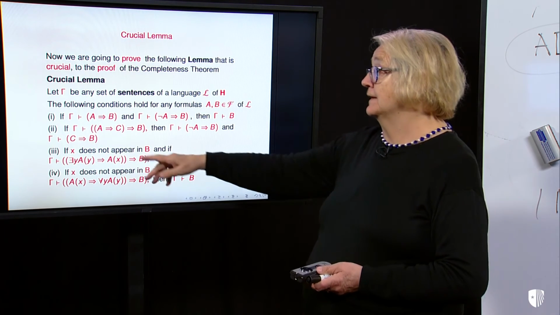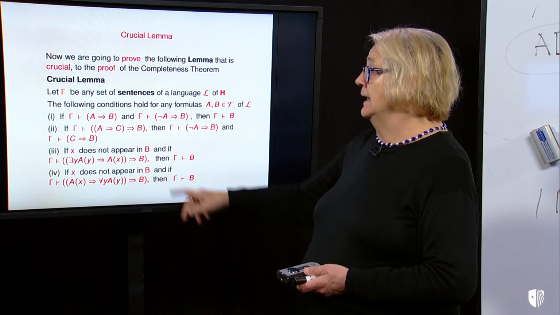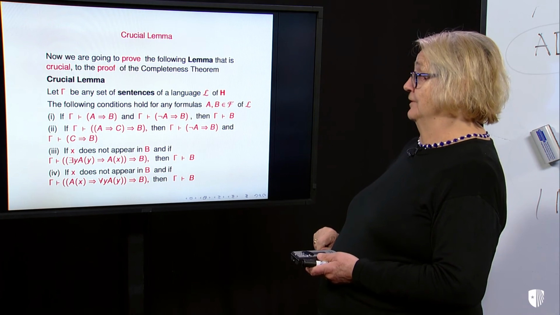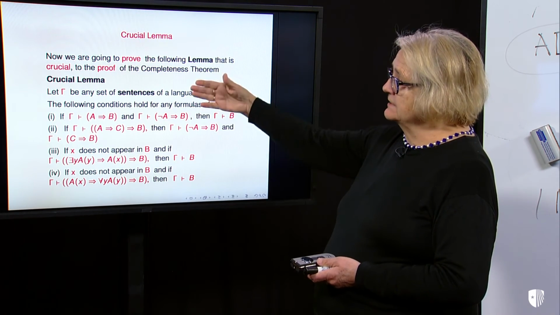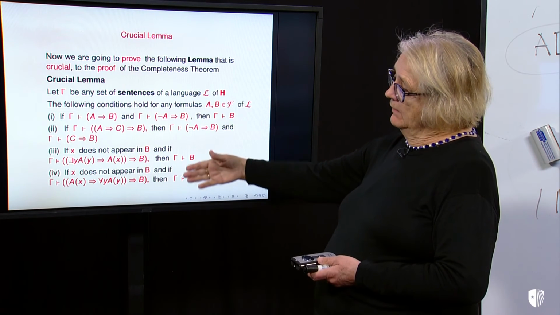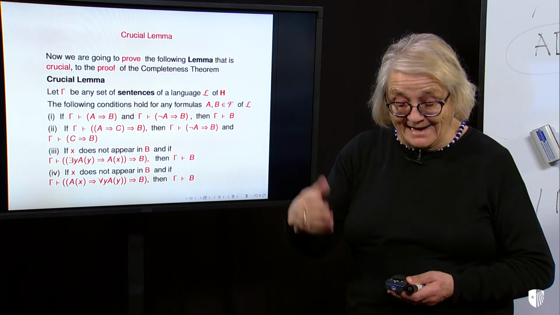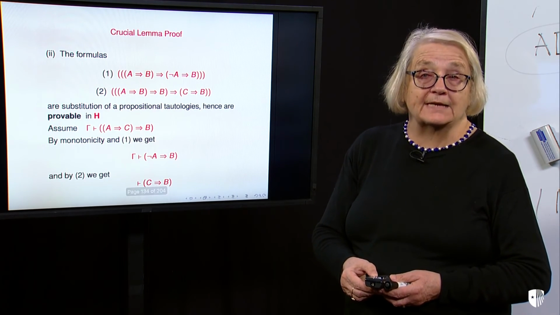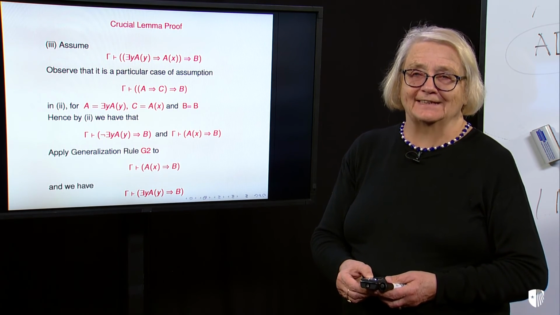So we prove that if gamma proves A implies B, and gamma proves not A implies B, then gamma proves B, and you have different properties. That is a crucial lemma, and all these properties we'll use later in the proof of the completeness theorem, and I will prove them step by step. It's a nice exercise.